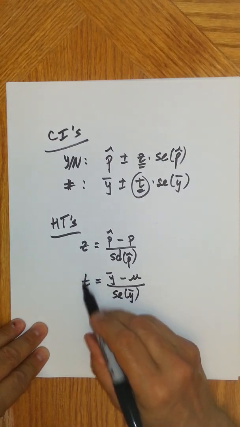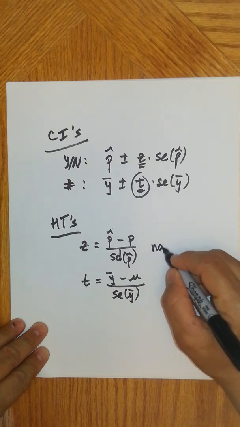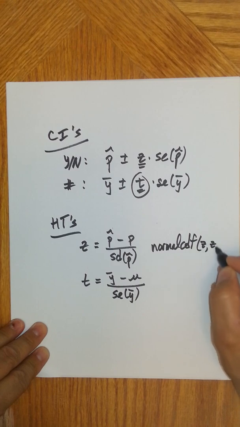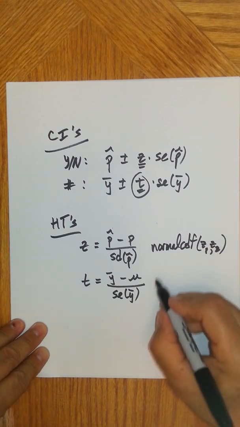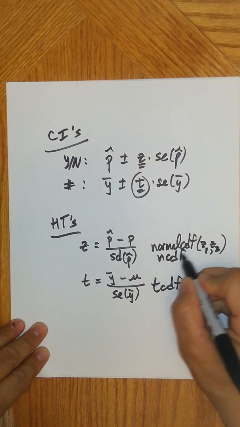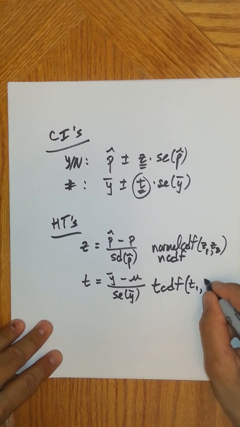And where you were using normal CDF from one z-score to another, z1 to z2, to get your p-value, now you're going to use t-CDF, with the first t-score and the second t-score.